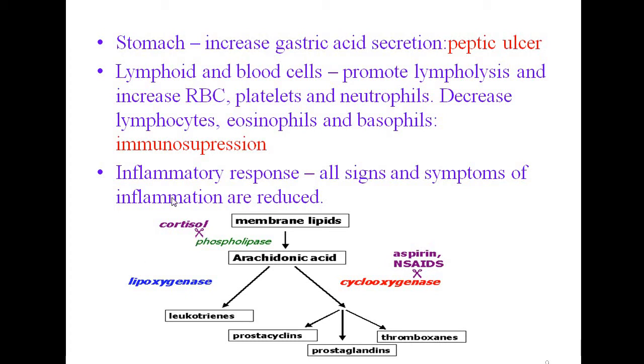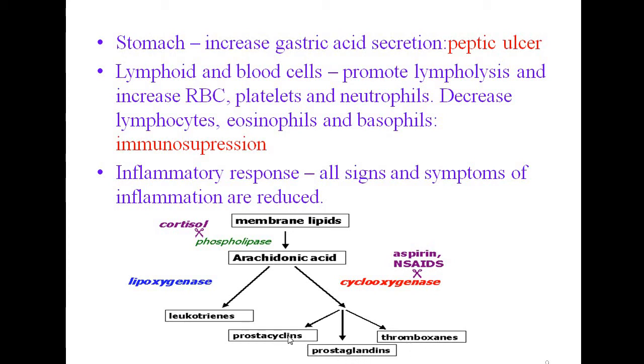Now the mechanism of the anti-inflammatory action of corticosteroids. If you recall from your pathology, whenever there is tissue damage or cell damage, the membrane lipids are acted upon by the enzyme phospholipase, releasing arachidonic acid. The products of arachidonic acid via the lipooxygenase and the cyclooxygenase pathways are leukotrienes, prostacyclins, prostaglandins and thromboxane.